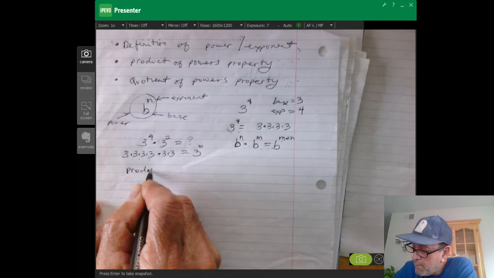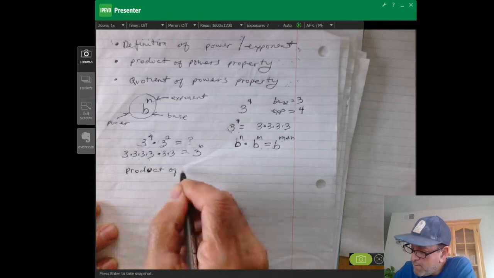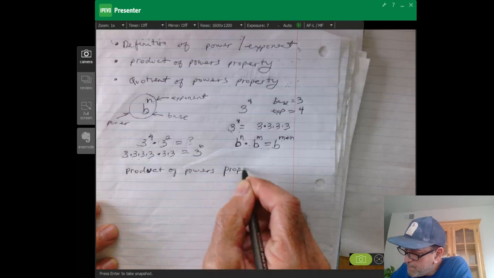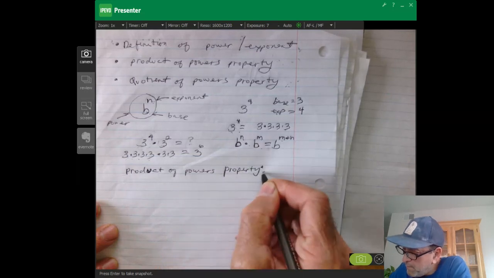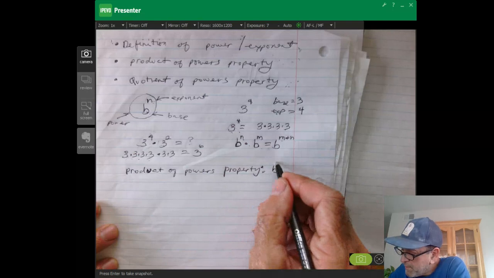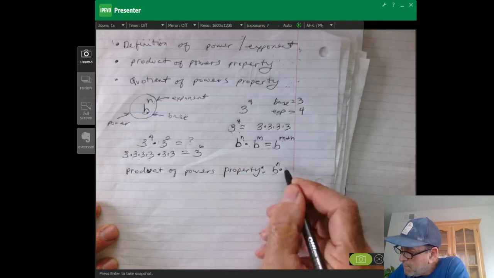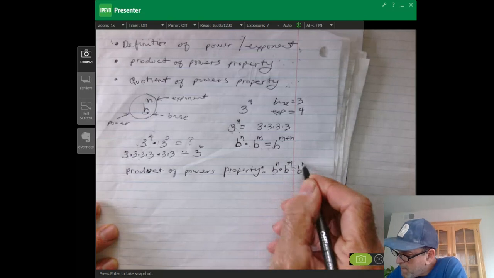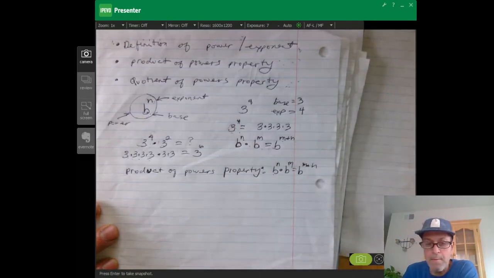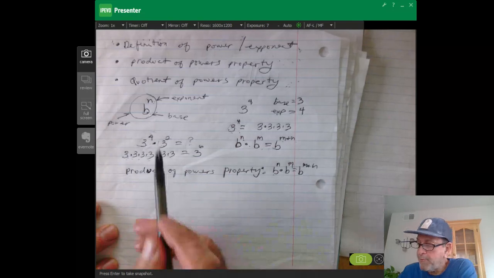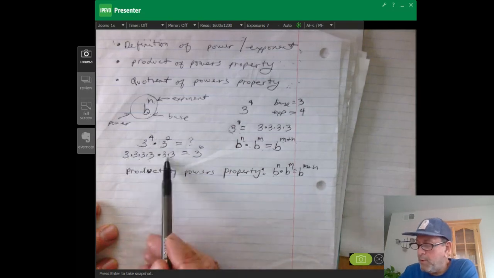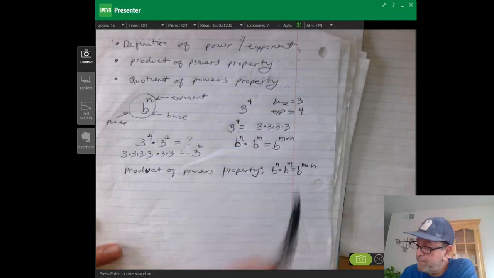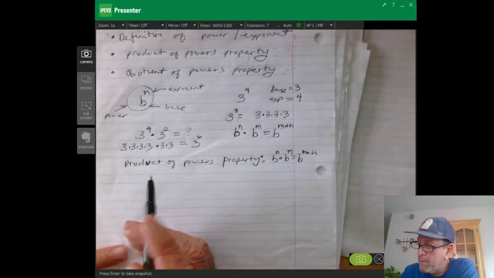The product of powers looks like this. Okay, so that's just using what you already know about multiplication, and that's how you get the answer.